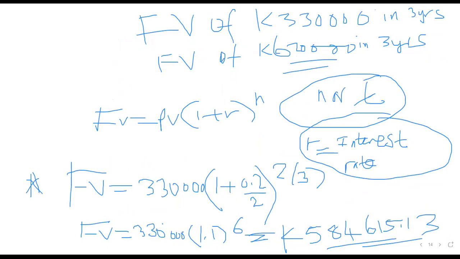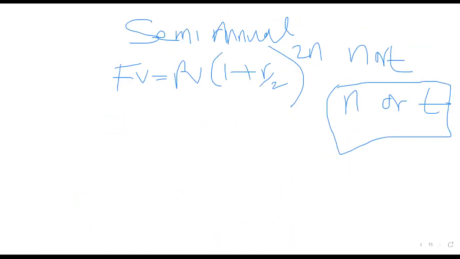So either option, we are favoring 620,000, because the future value of 330,000 in 3 years gives us 584, which is still less than 620,000. All right, I'm sure we have followed. So let's move on.